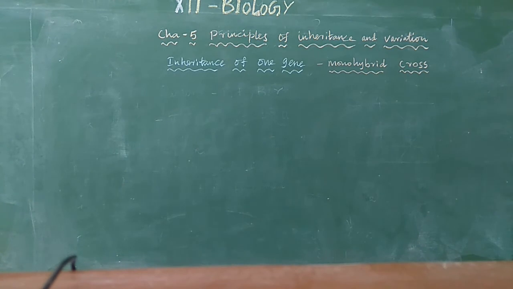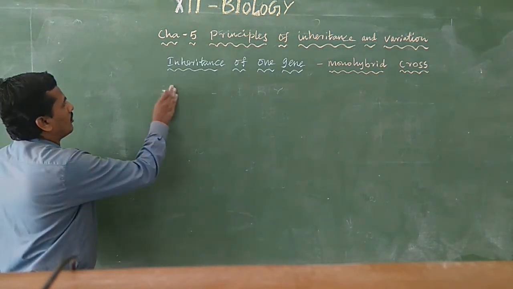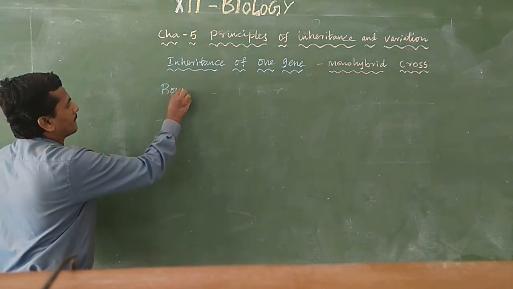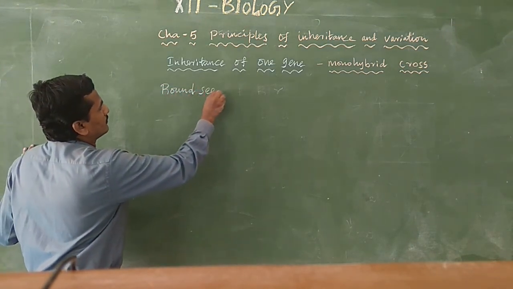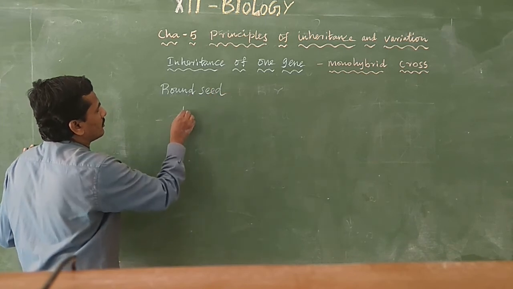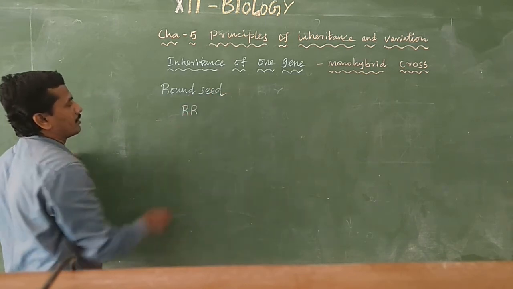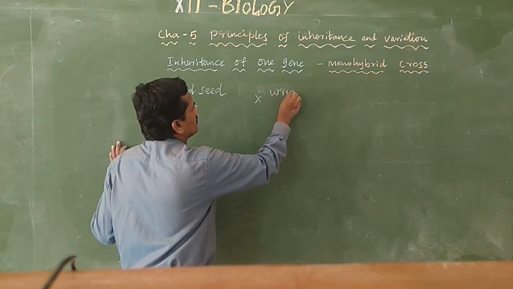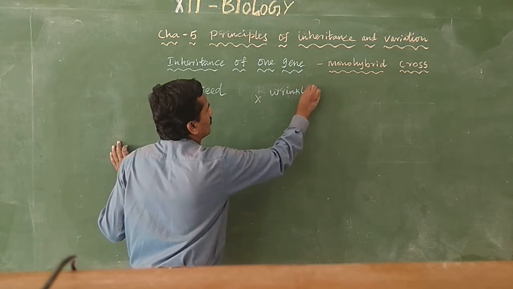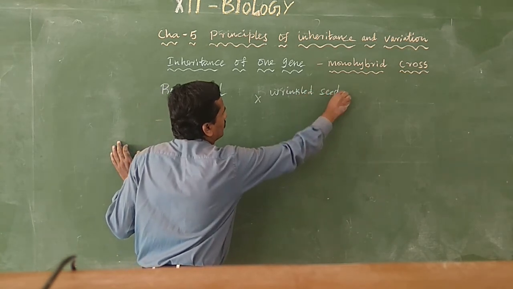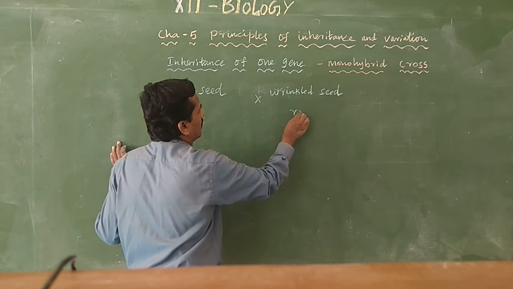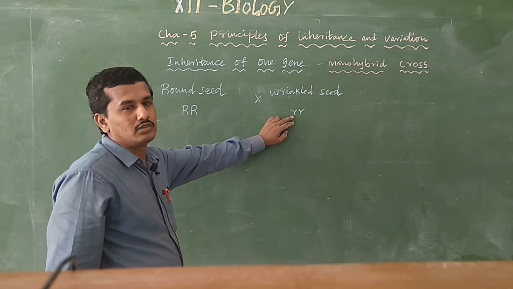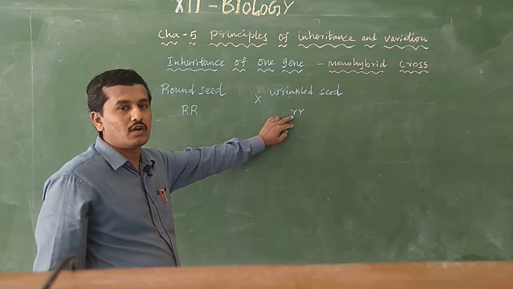Now we take round seeded and wrinkled seeded plants. The round seed is regarded as capital R, and the wrinkled seed is small r. Sometimes people use W, but it is not correct, it is actually wrong.